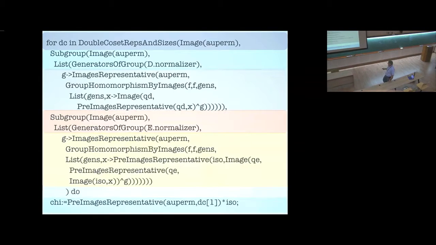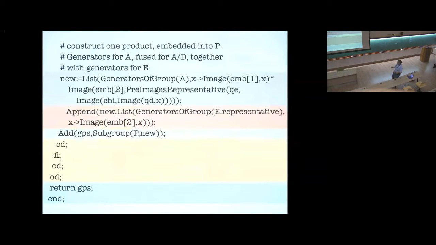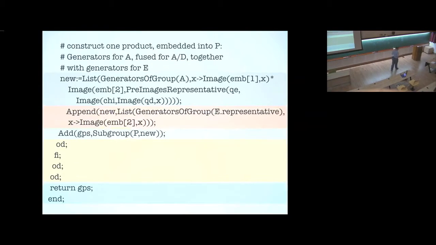And then for all the double coset representatives, I run through all of these double cosets, take the representative, go back under the homomorphism to the automorphism, and multiply it with the isomorphism. That gives me the possible maps. And then I'm constructing the product from these elements and collecting them together. So that would be a way of constructing intransitive groups.